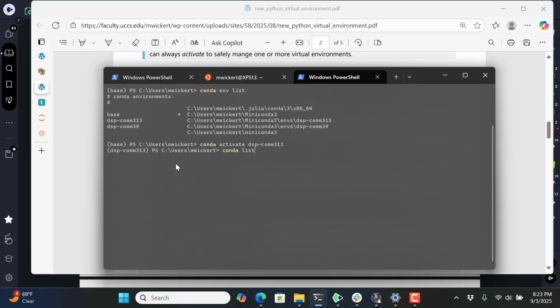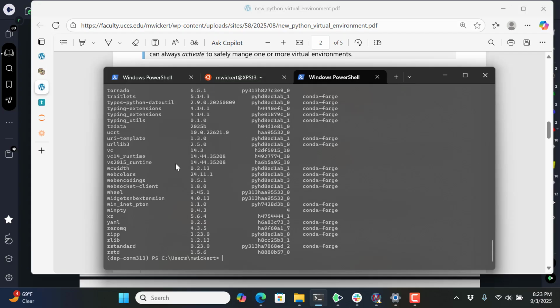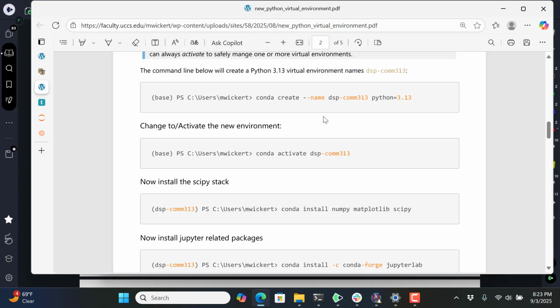When I grew this environment up from the starting point, which is right here where I just created the base environment, once it's done, it tells you that I need to activate it, which is what I just did, and then I start installing packages into it.